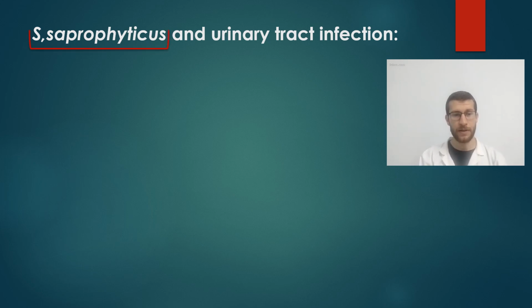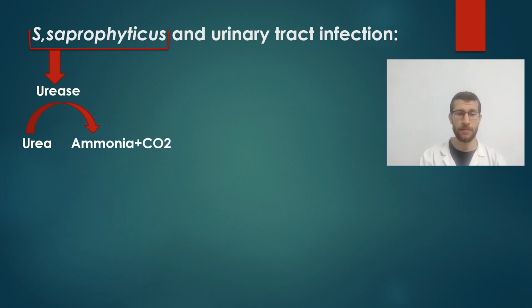And then the interesting thing about this bacteria is that it has a urease enzyme, as we said before. This enzyme has the ability to convert urea that is contained in the bladder into ammonia plus CO2.